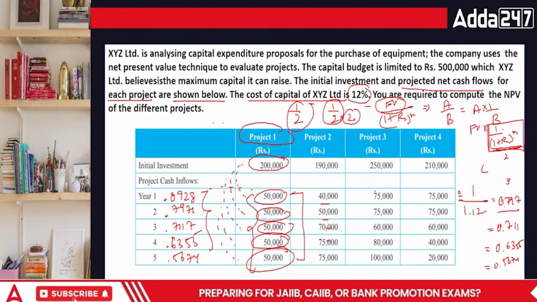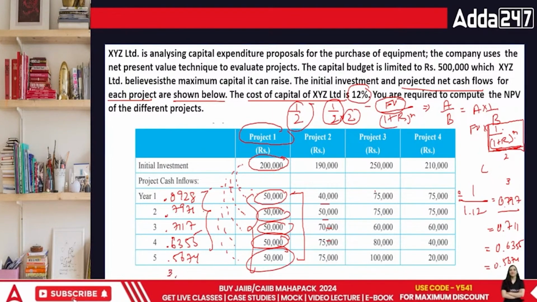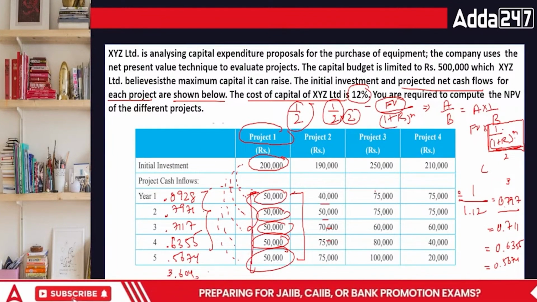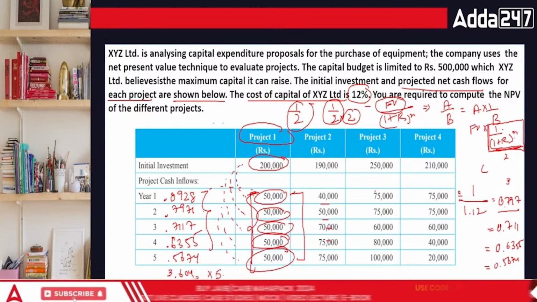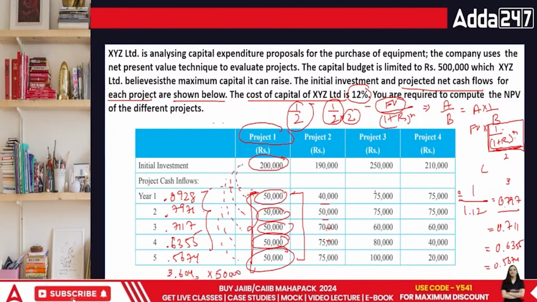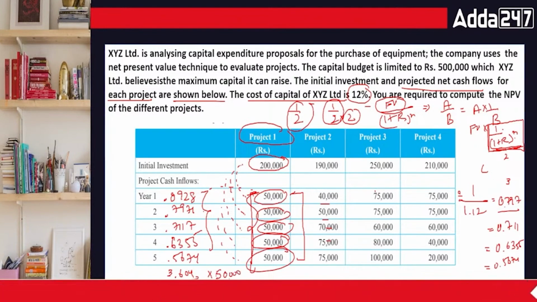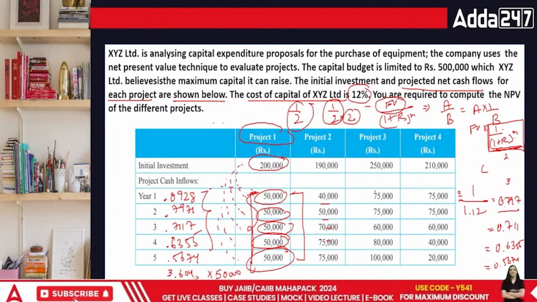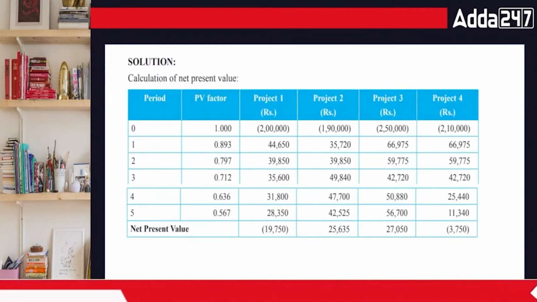So the total is this. The annuity factor comes out to be 3.604. For this, I can do this because all the inflows are the same. 3.604 multiplied by 50,000 will give you the value for the first project.